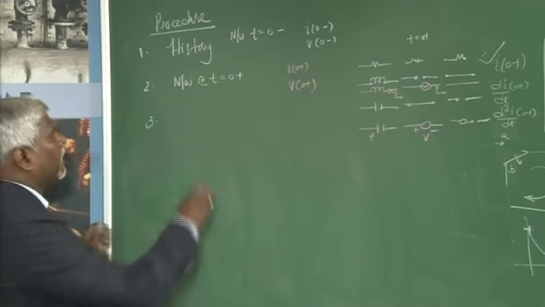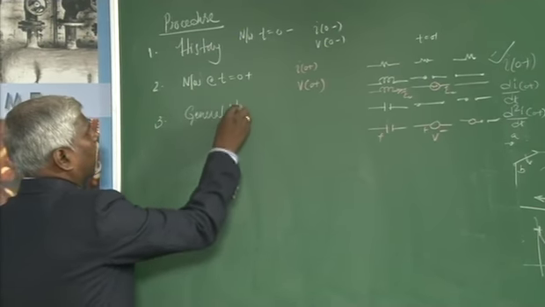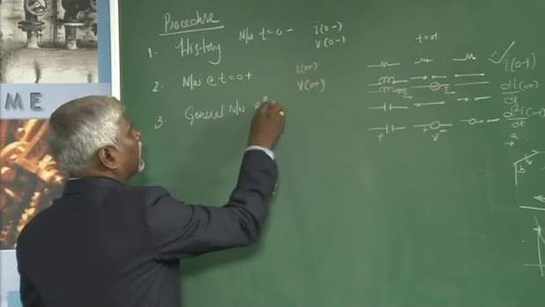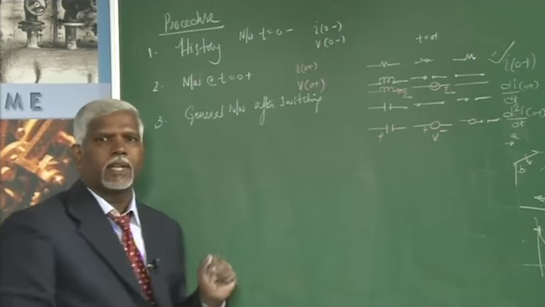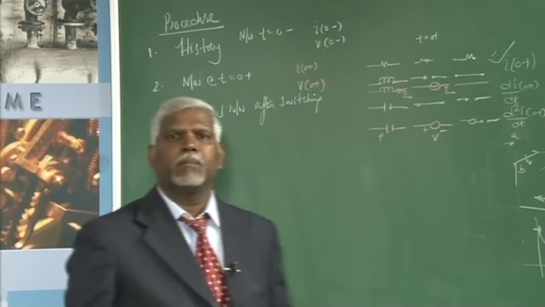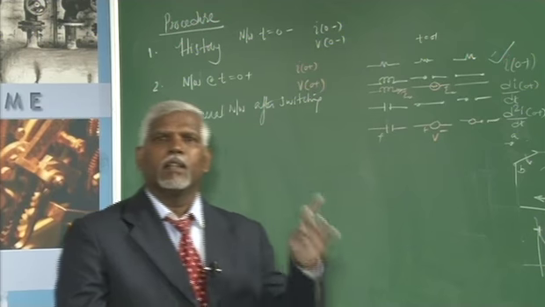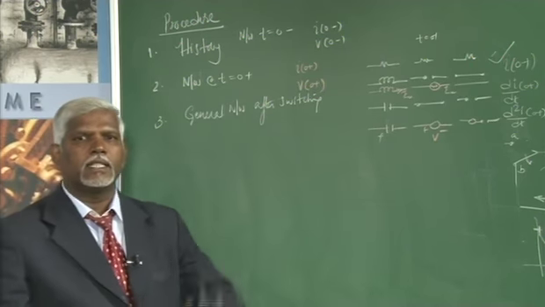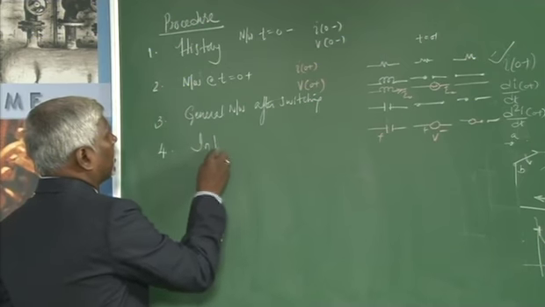Write the general network after switching. General network after switching means do not represent the elements by their equivalent circuit, represent them by their normal representation R, L and C. Write integral differential equations.